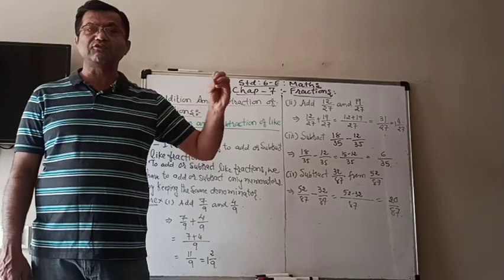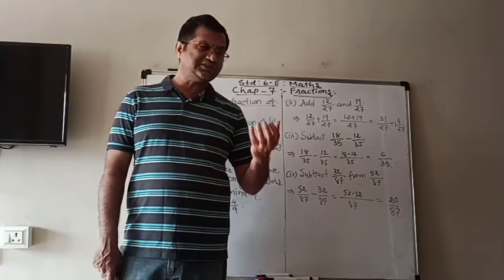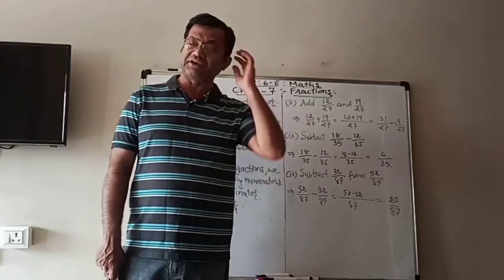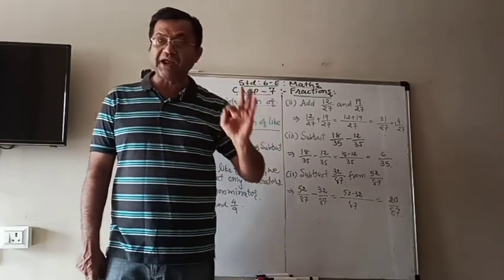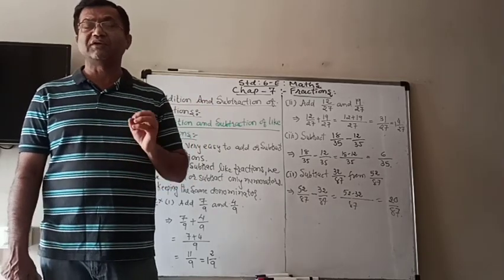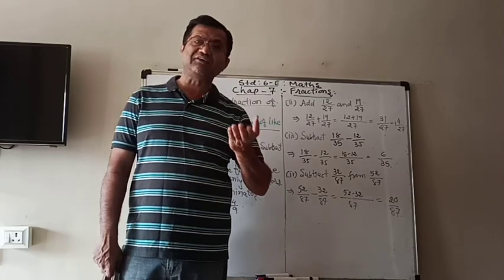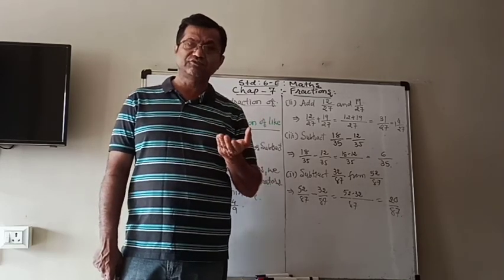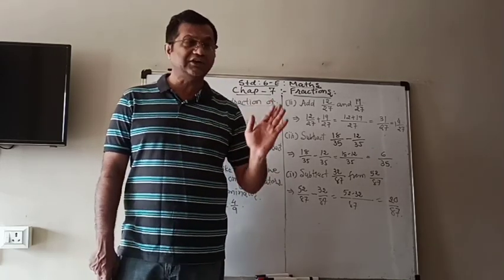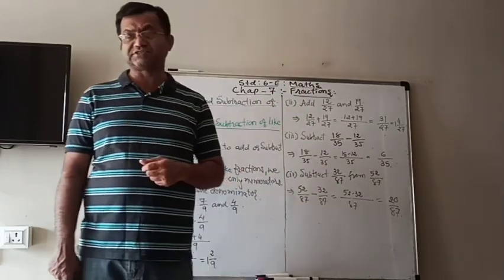That is very easy, because they have the equal denominators. We can add or subtract fractions only when they are like fractions. So if they are unlike fractions, we have to convert them. That we will learn later in the next sessions.